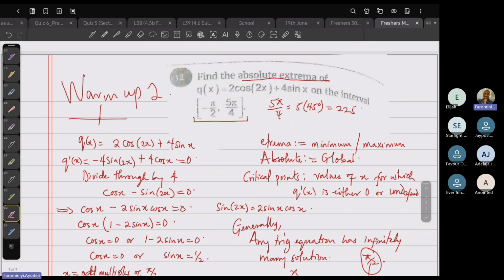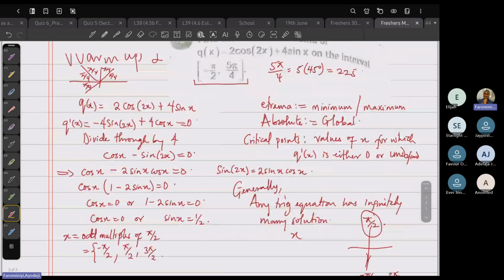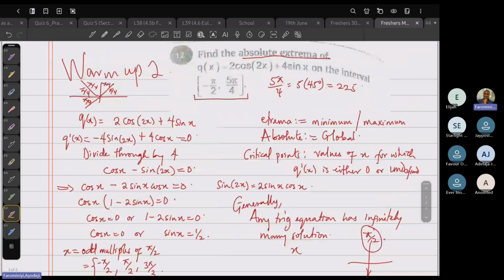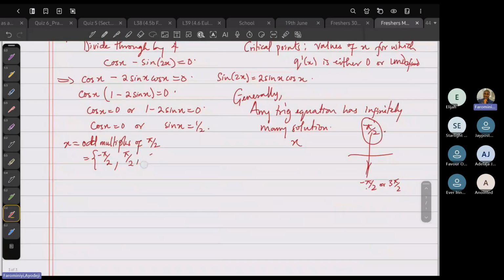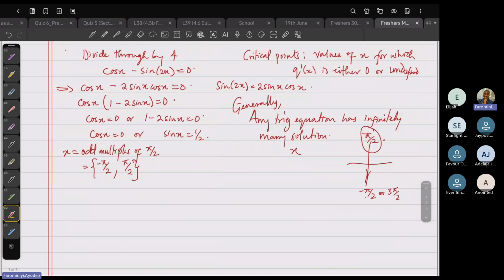So this is pi over 4, pi over 4, pi over 4, pi over 4, then pi over 4. So that is 225 degrees. And what about 3 pi over 2? 3 pi over 2 is already beyond this, so it is not in the range. So it is only negative pi over 2 and pi over 2. That is for cos x equals 0.